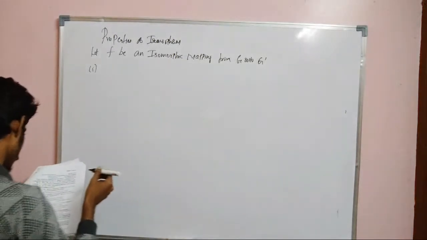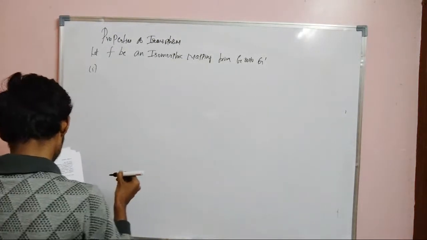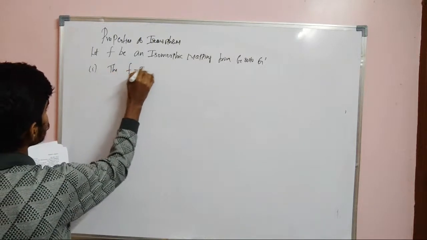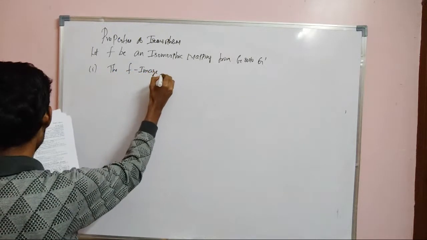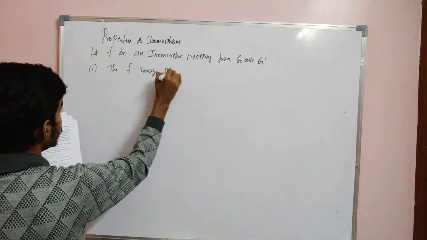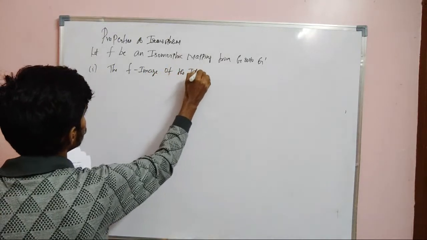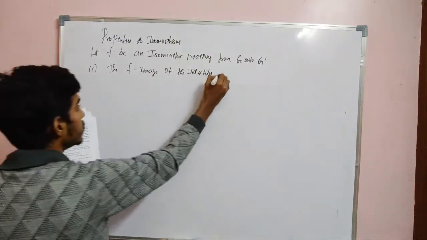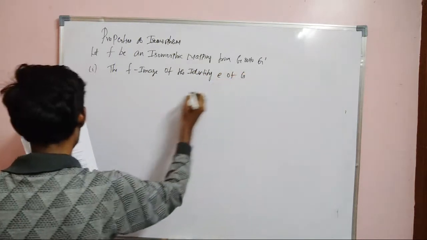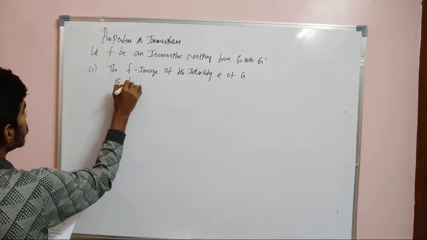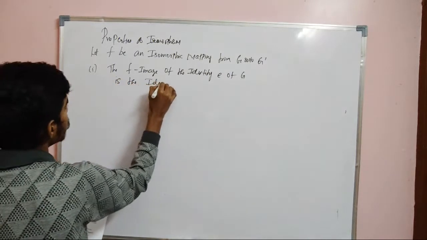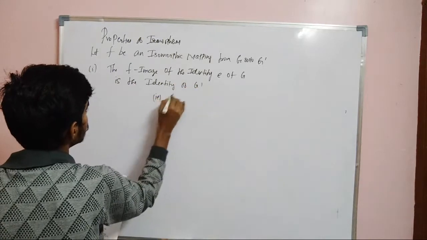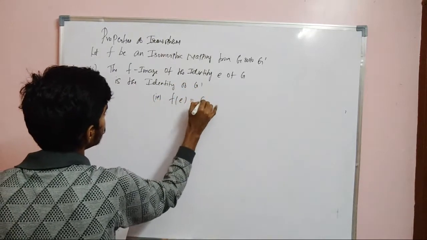The first property: the F image of the identity E of G is the identity of G dash. That is, F of E is the identity of G dash.